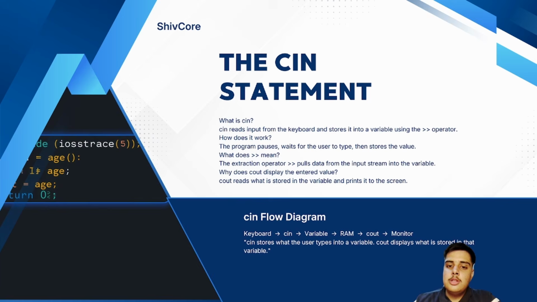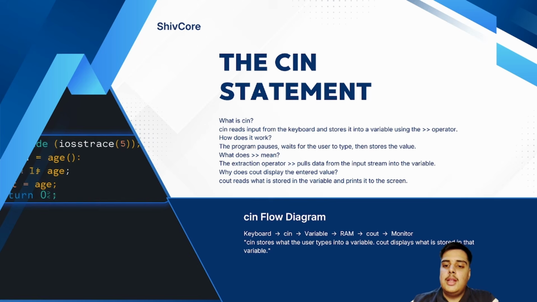So why does cout display the entered value? Because cout reads what is stored in the variable and prints it on the screen. So this is the simple cin flow diagram, where input is given from the keyboard through the cin statement, and the input is given to the variable, and then the value is stored in RAM, and then cout takes that value from RAM.